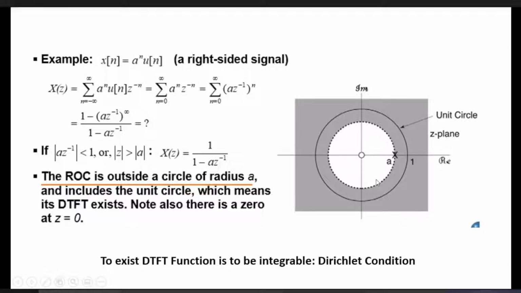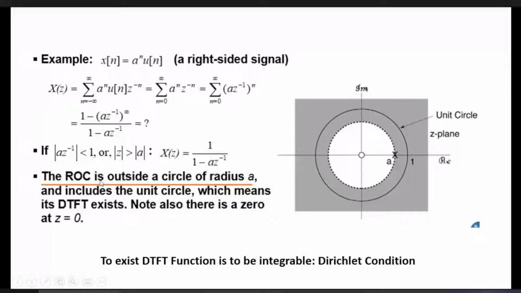So the ROC is outside a circle of radius a. Now some other term is written which can be correlated to the DTFT, which I am not explaining now. But I have given some clue here that the function is integrable and satisfies the Dirichlet condition.